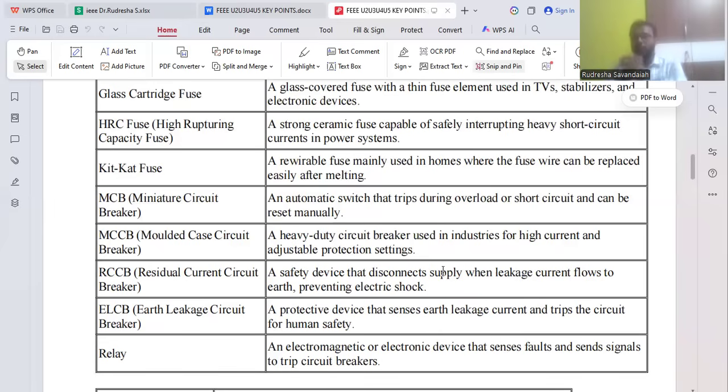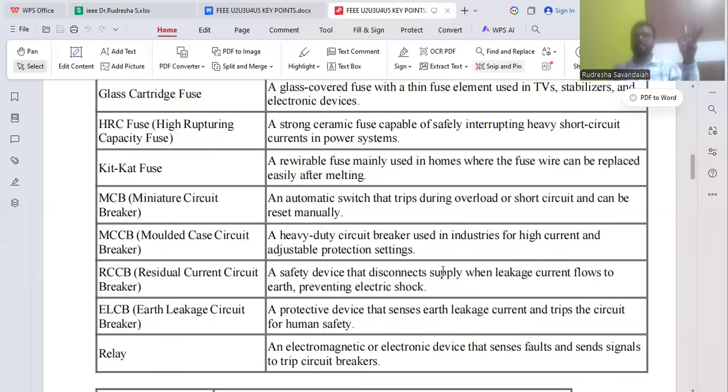MCCB means molded case circuit breaker, a heavy duty circuit breaker used in industries for high current and adjustable protection settings. RCCB means residual current circuit breaker, a safety device that disconnects the supply when leakage current flows to earth, preventing electric shock.